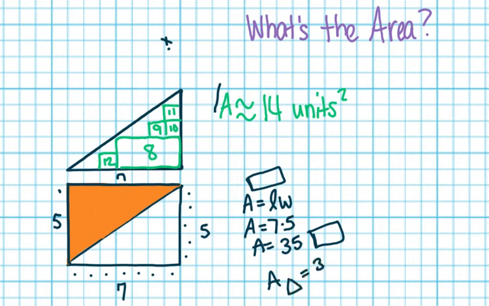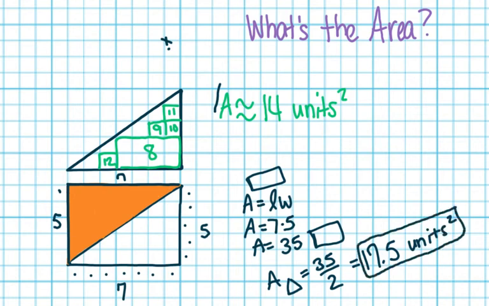So half of 35 is 17.5, or 17 1/2. And thus you can actually find the area of a triangle by turning it into a rectangle.